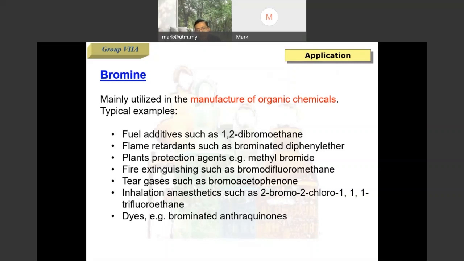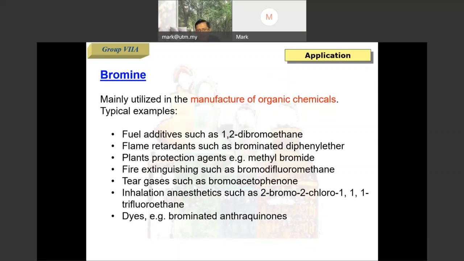When there is a flame, radicals are formed during ignition, and bromine can scavenge these radicals to form elemental bromine or hydrogen bromide, which reduces the chances of the materials igniting. Plant protection, methyl bromide.